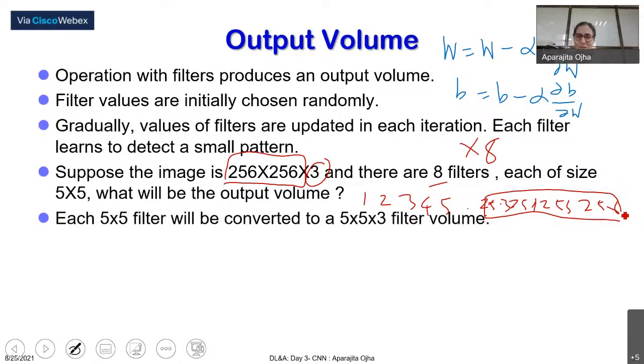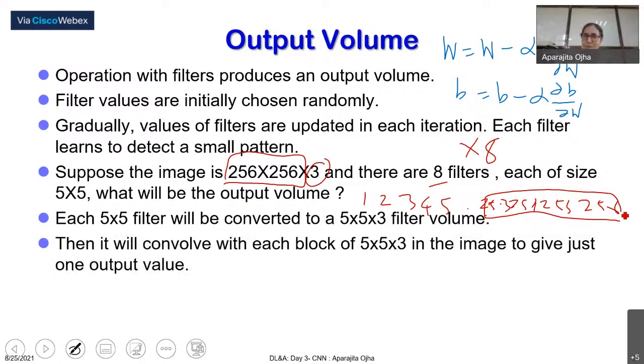Each filter 5 cross 5 will be converted to a 5 cross 5 cross 3 filter volume. Why? Because your image is of size 256 cross 256 cross 3. So I will transform this 5 cross 5 by making 3 copies to 5 cross 5 cross 3. Then it will convolve with each block of size 5 cross 5 cross 3 in the image to give you just one output.